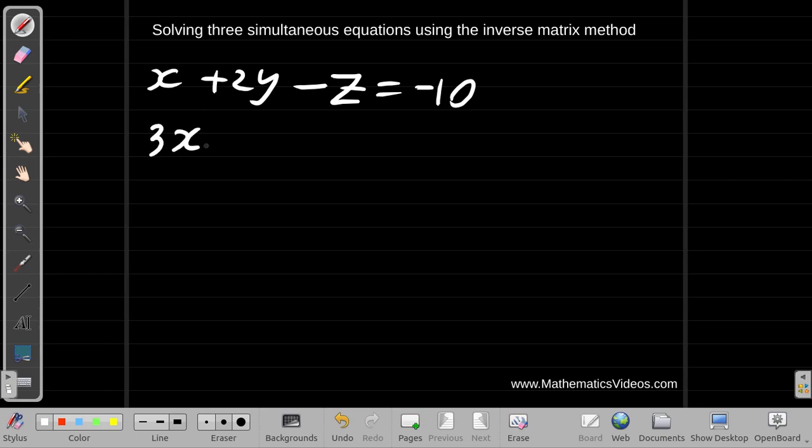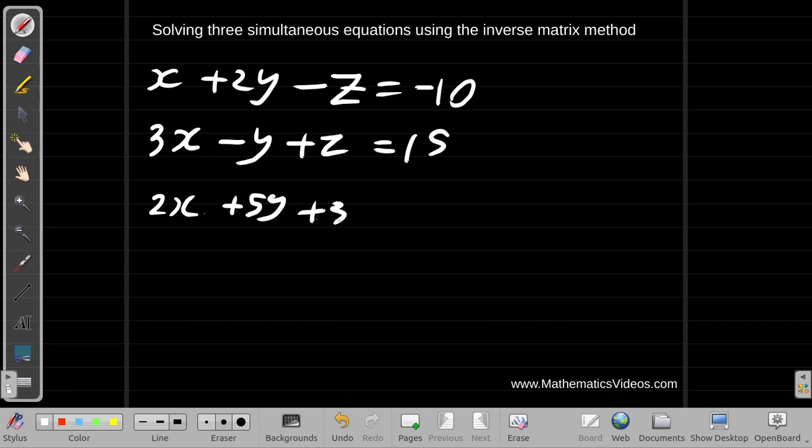You have 3x minus y plus z equal 15. All right. Then you have the next one: 2x plus 5y plus 3z equals 7.